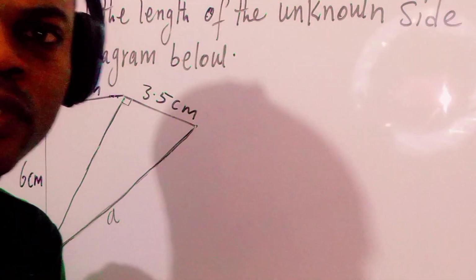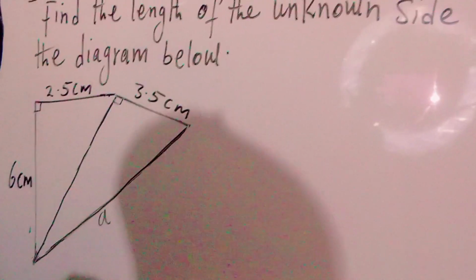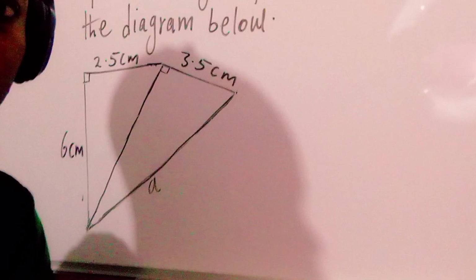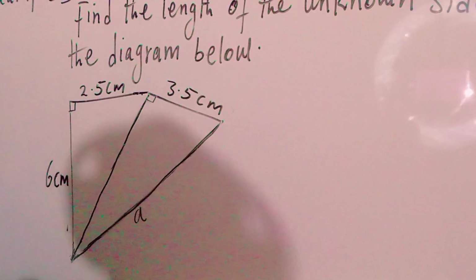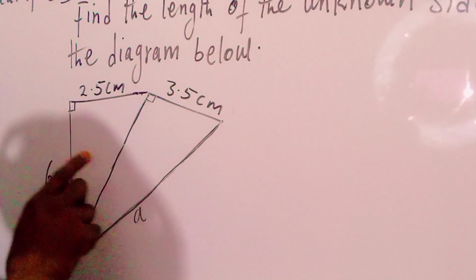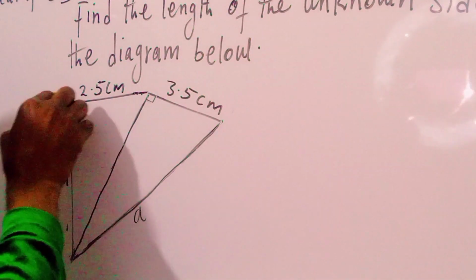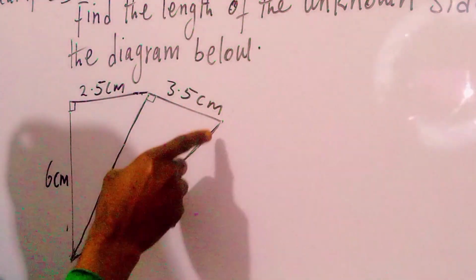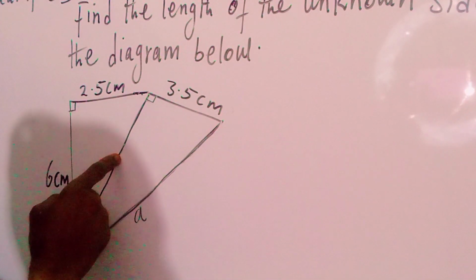So how do you resolve such a challenge on the board? The only way to resolve this is to separate these two triangles. But there's no way you're going to calculate side A when you have no idea of this.